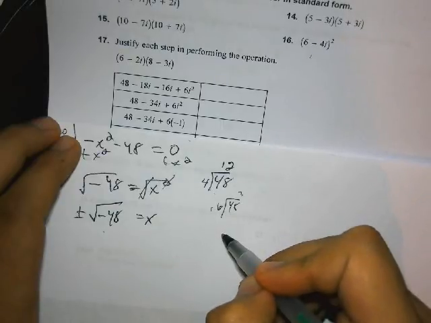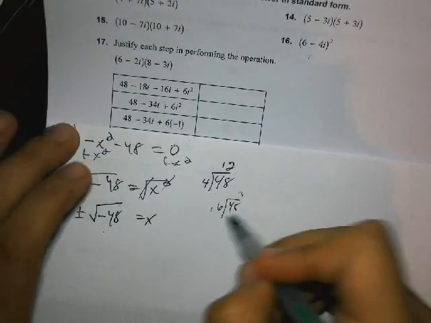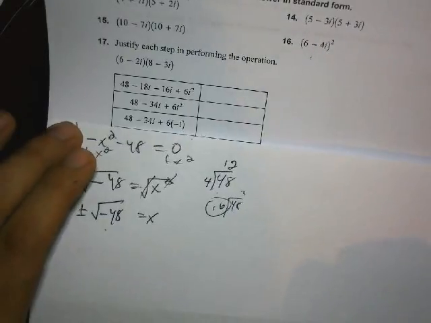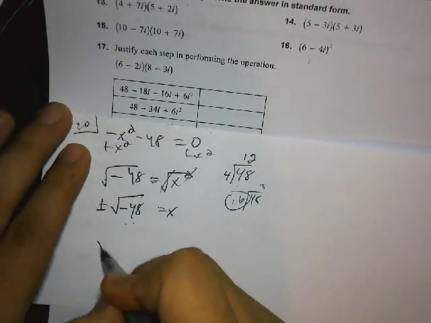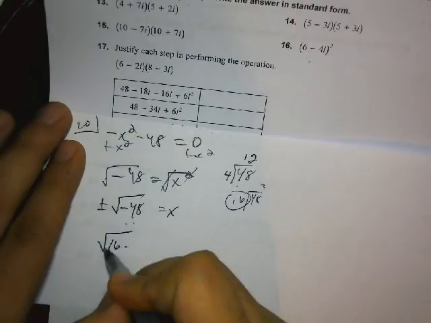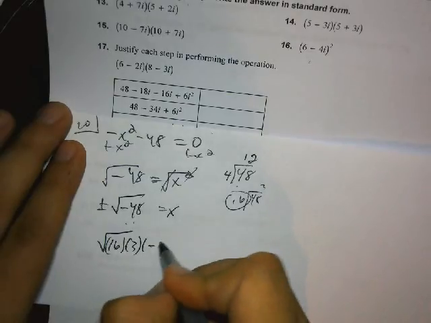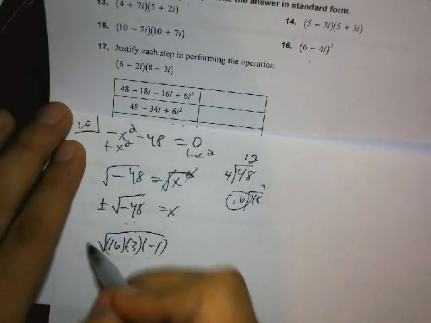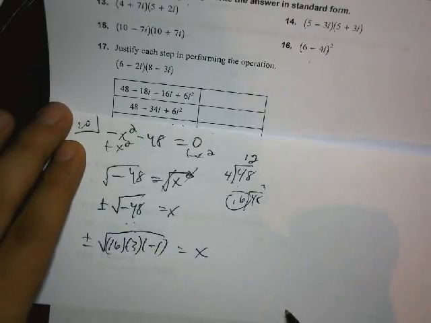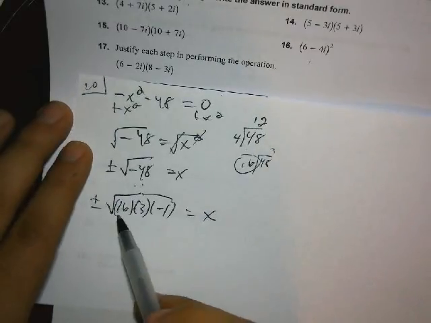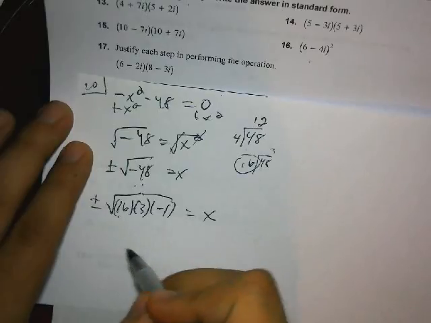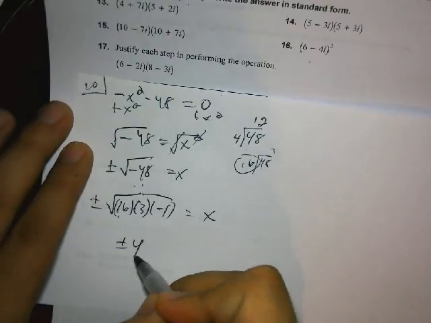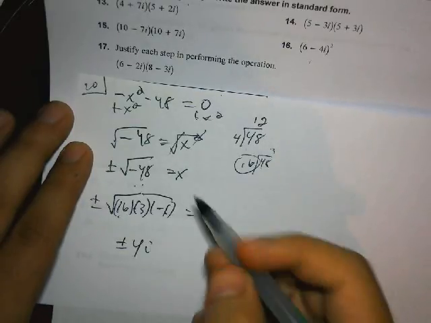Yeah, 3. So 16 is the largest perfect square that goes into it. So 48, I'm going to split up into 16 times 3 times negative 1, plus and minus. The square root of 16 is 4, so that's plus and minus 4. The square root of negative 1 is i, times the square root of 3.